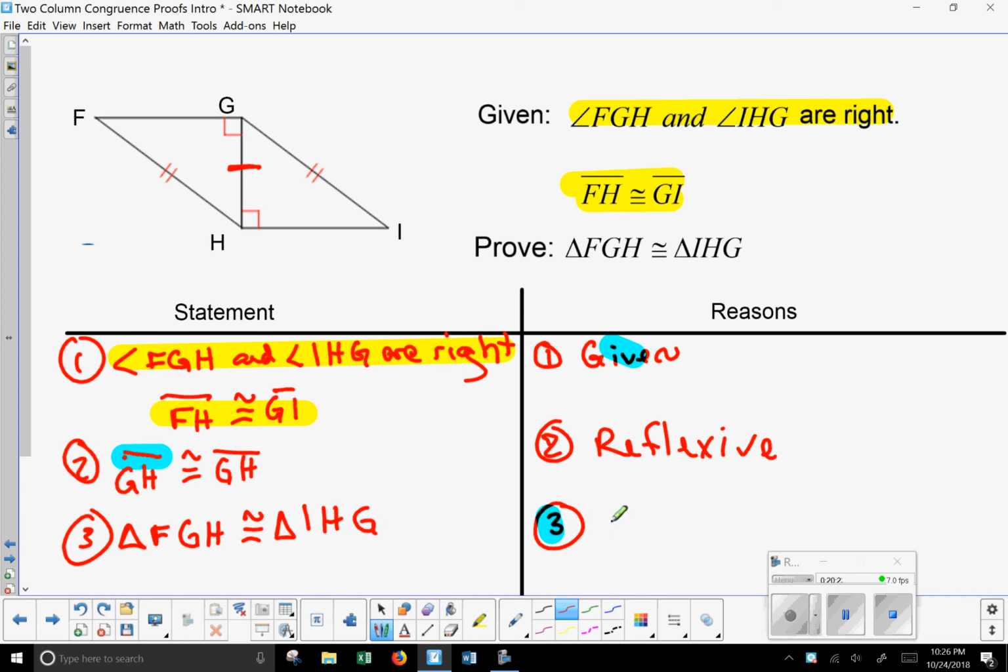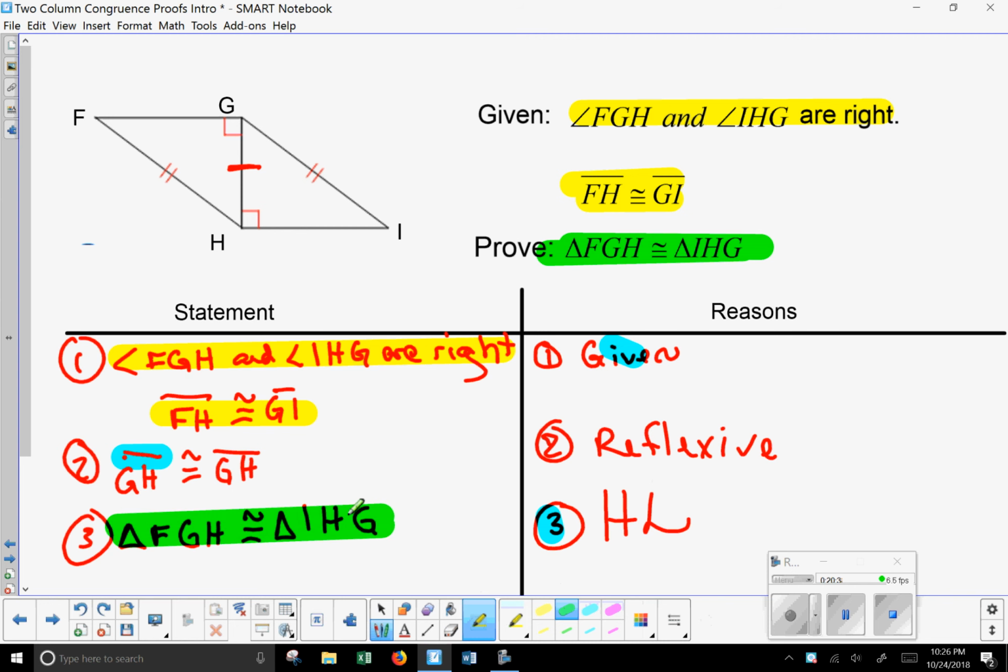Okay, and what was my reason for that? It was hypotenuse leg. Notice the prove statement is my final statement in my proof.